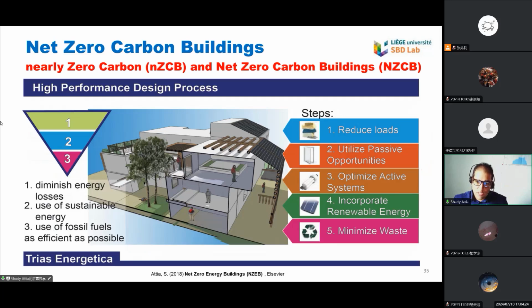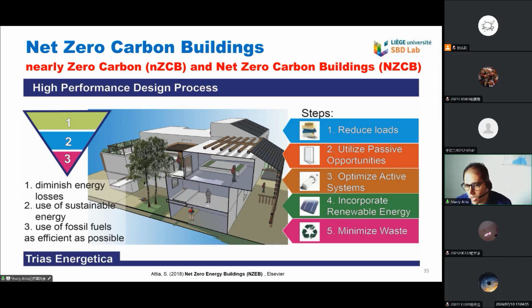So as a consequence, if we are looking at the design of a zero carbon building, one of the most important things we have to think about is to diminish the energy losses, use sustainable energy resources, use as little fossil fuel as possible, or even avoid it if possible, and this will get us to the Trias Energetica principle. This Trias Energetica principle allows us to achieve a very logical design and put a priority.